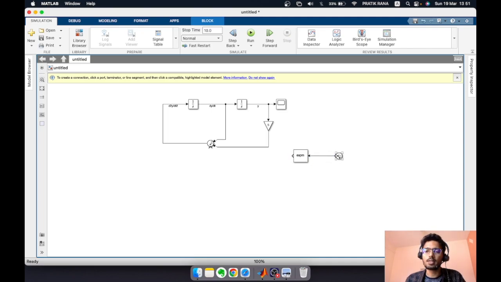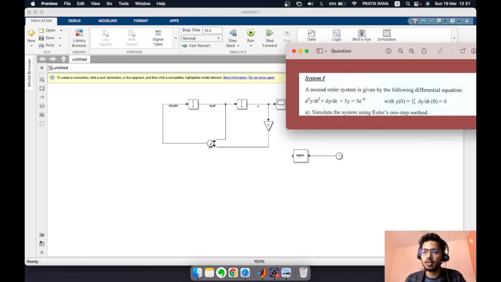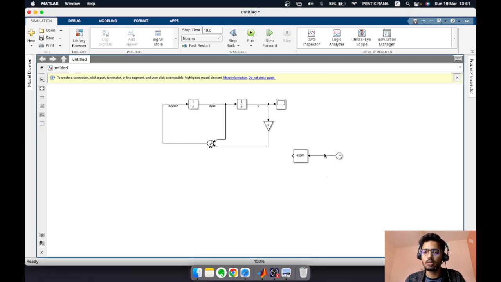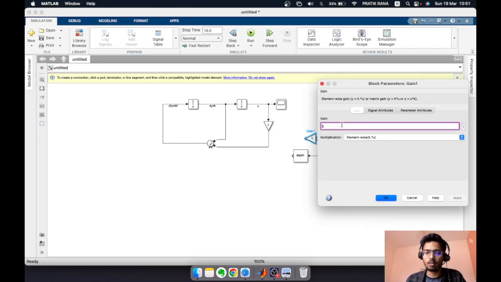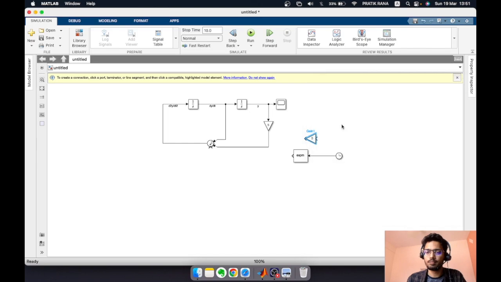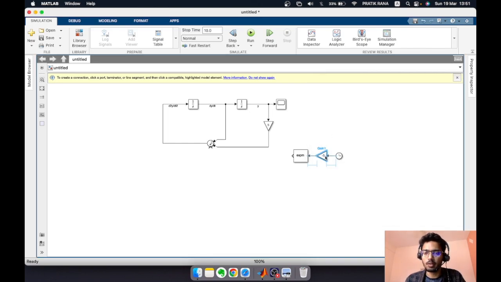So this gives us e to the power t, but we need e to the power minus 5t. So in between these two there should be a gain block of minus 5. So copy it from here, change the value to minus 5 and put it in between.